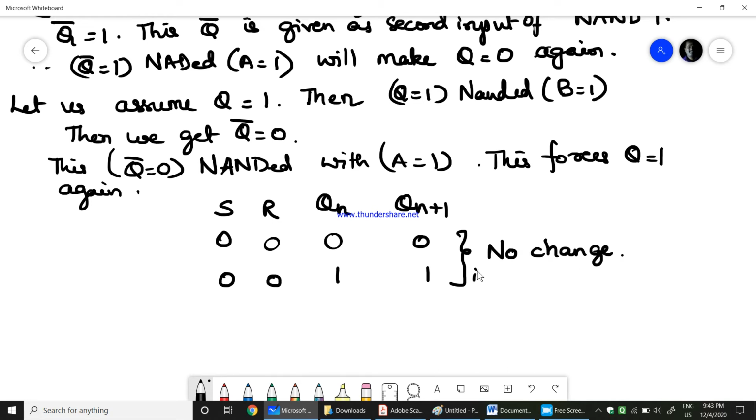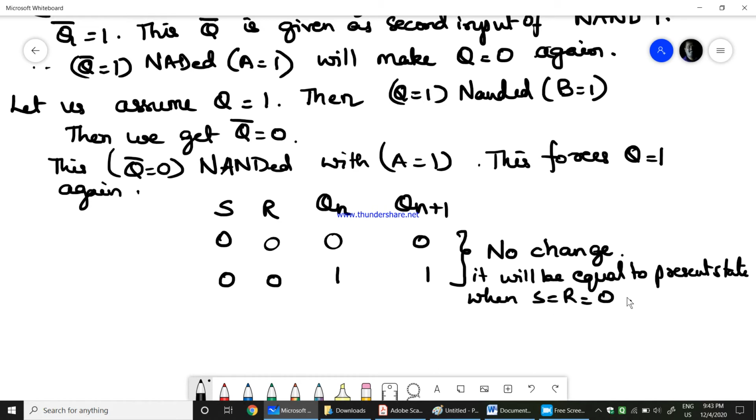No change means it will be equal to the present state. I hope you got the first case. When S equals R equals 0, whatever the state of Qn is, the next state Qn plus 1 will also remain in the same state. So it means that there is no change.